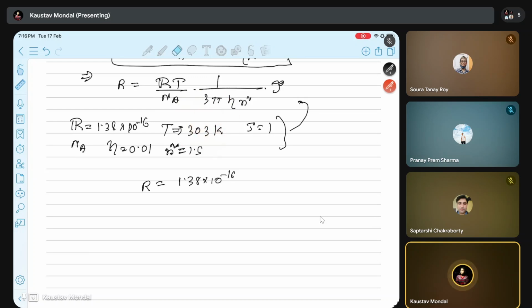Sorry, I was writing it wrong. So here R is 8.314, and Na is 6.023 into 10 to the power 23. Now it's correct.